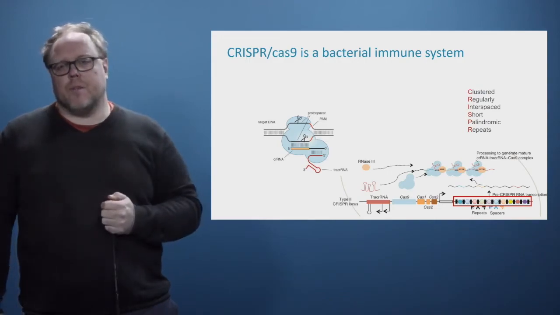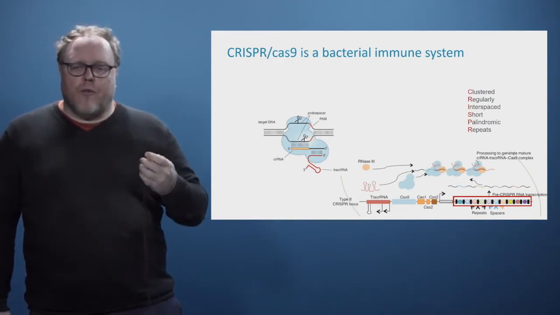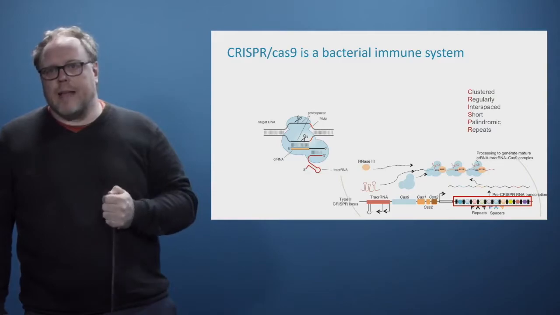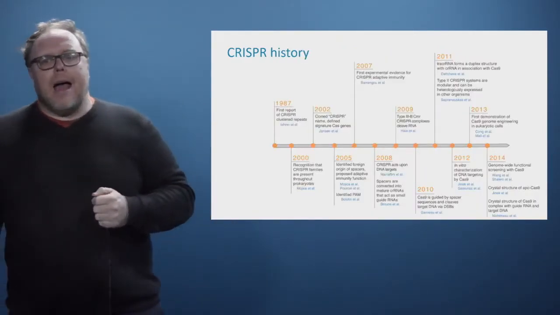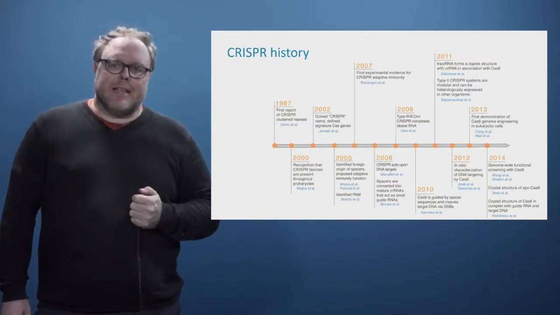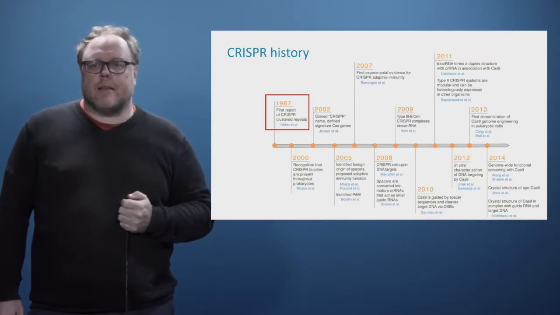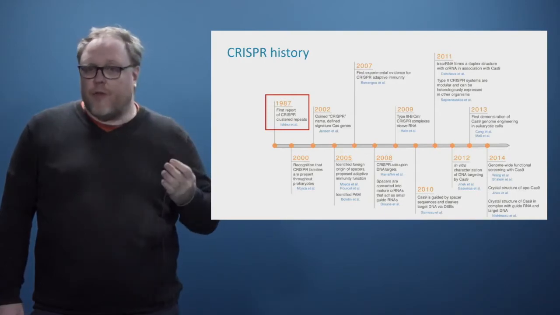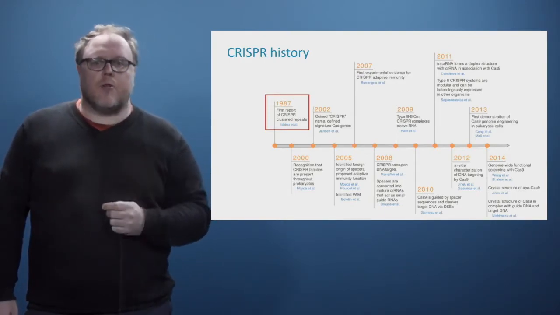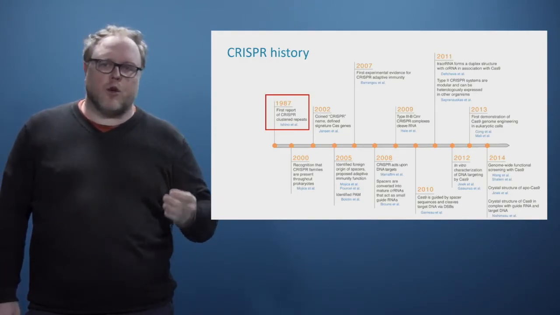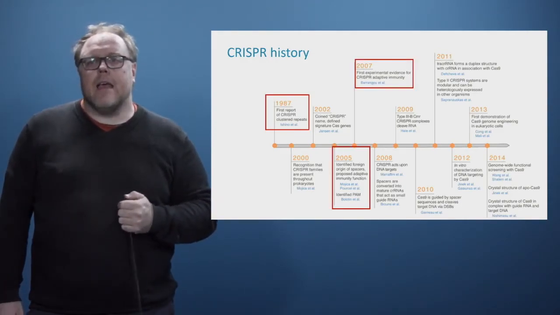You may ask yourself, from what does a bacteria need to protect itself? Well, from invading DNA, and this invading DNA is present, for example, in viruses and plasmids. These CRISPR sequences were first observed in the 1980s.